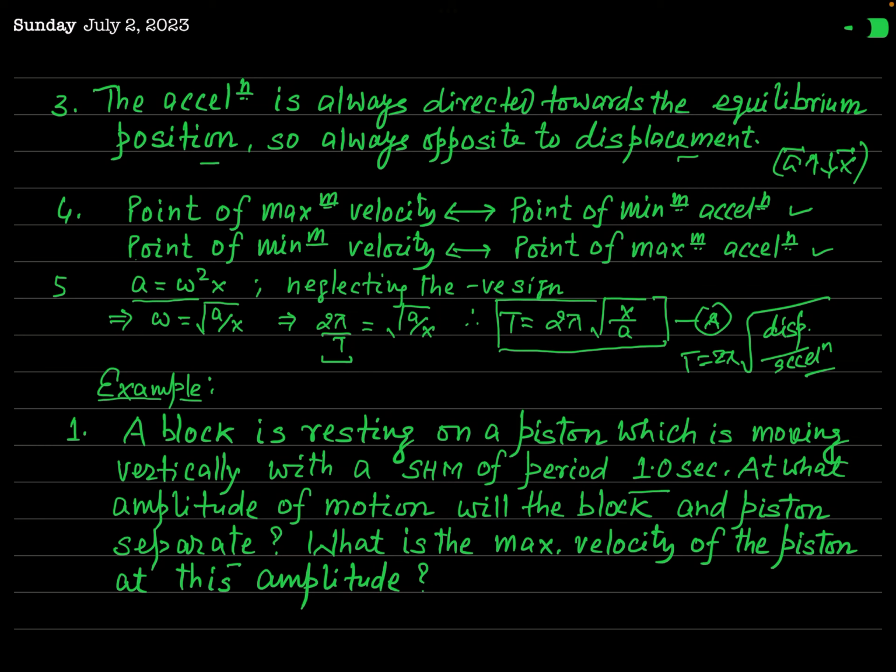First of all, you have to read the problem accurately. If you read the problem in a nice way, properly, then almost 50% of the solution will be in your mind. Now, the second part of the problem says, what is the maximum velocity of the piston at this amplitude?